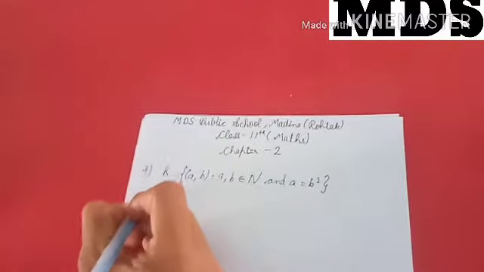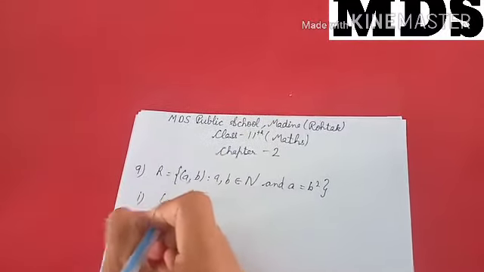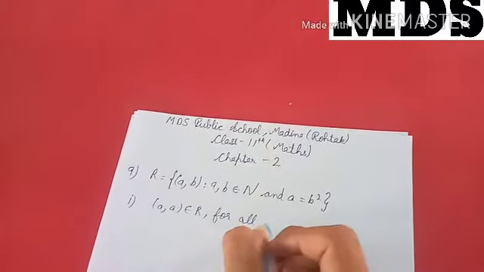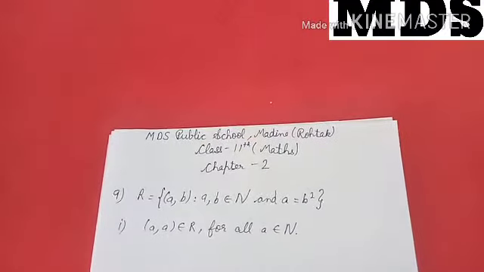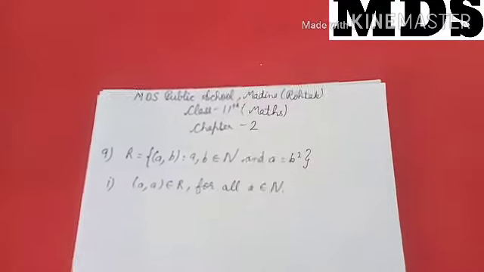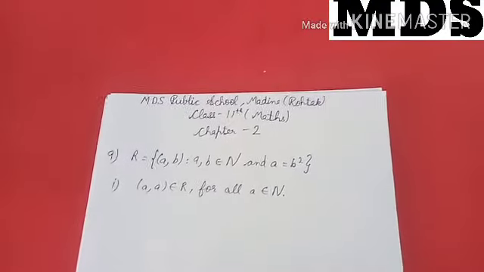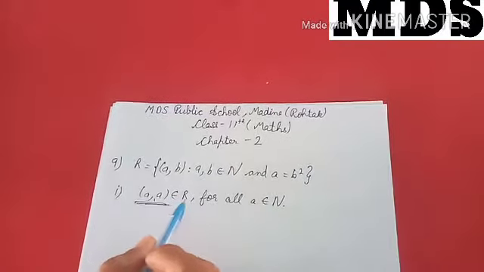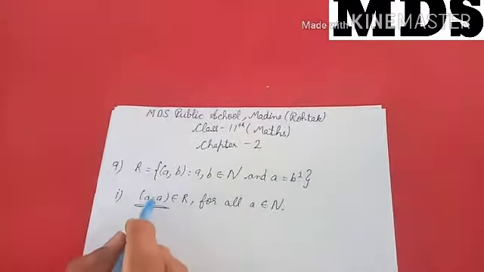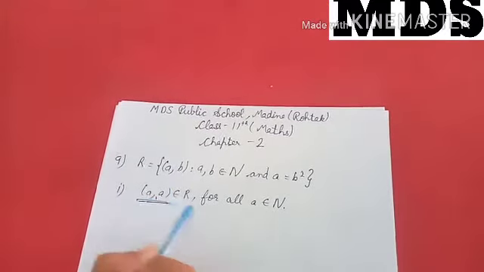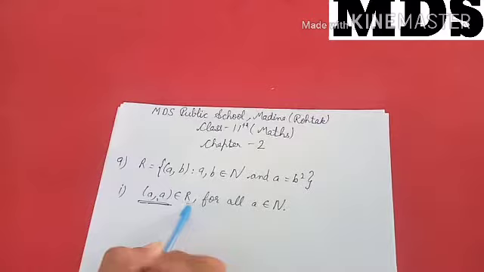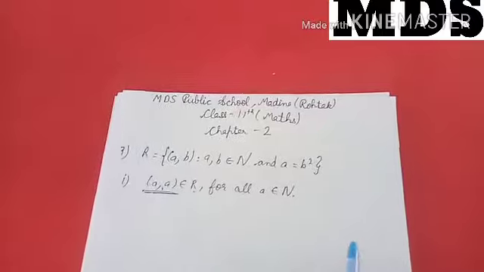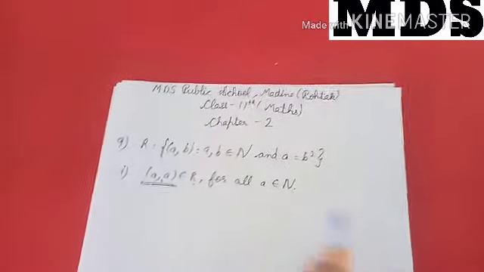First, they have given: (a, a) belongs to R for all a belonging to N. So they are asking that if we have a relation, this (a, a) belongs to R, means it is a part of our relation. We have to check whether it is possible for all a belonging to N or not. N means natural numbers.